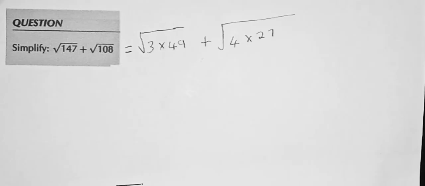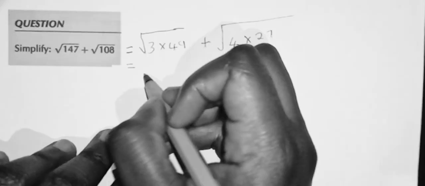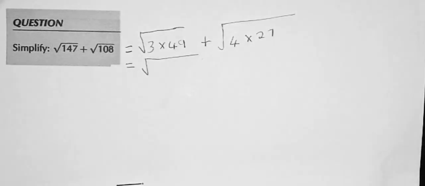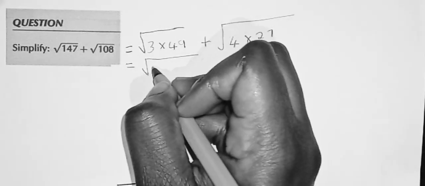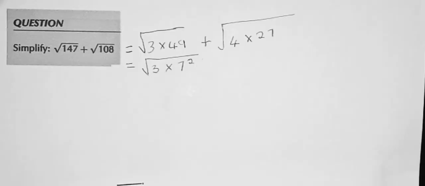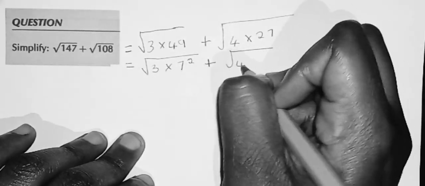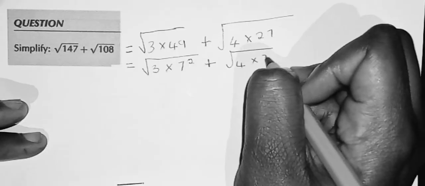We are continuing with our method: 49 is 7 squared, and then 27 is 3 times 3 squared.